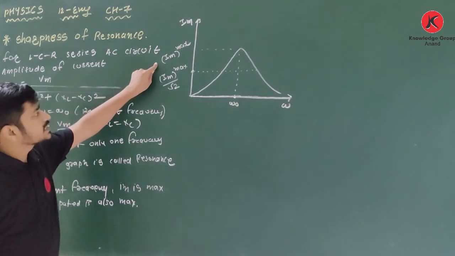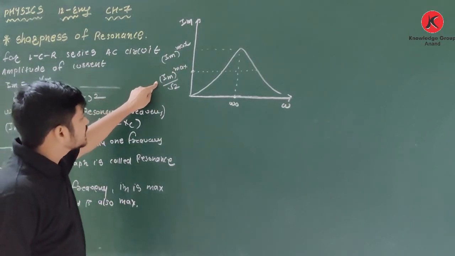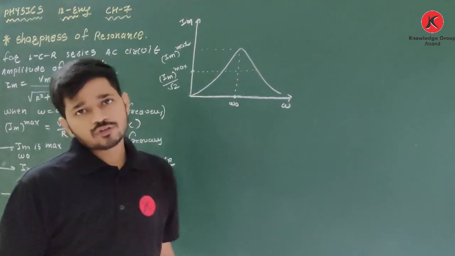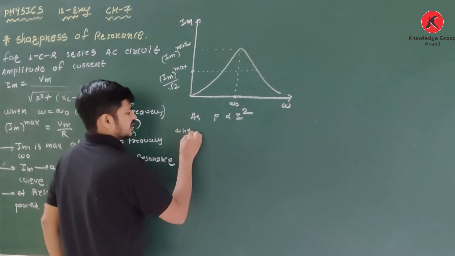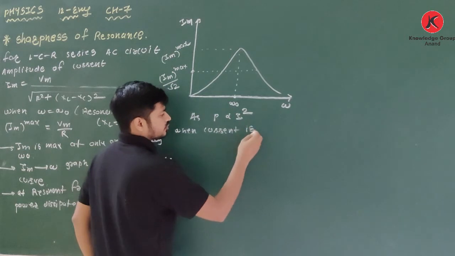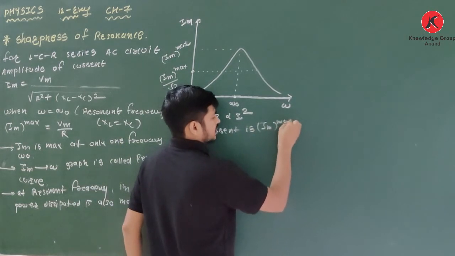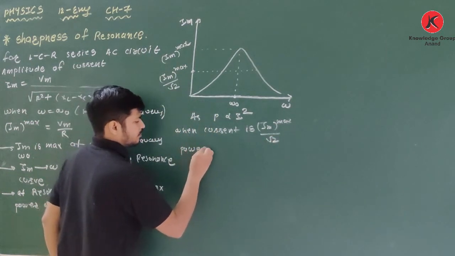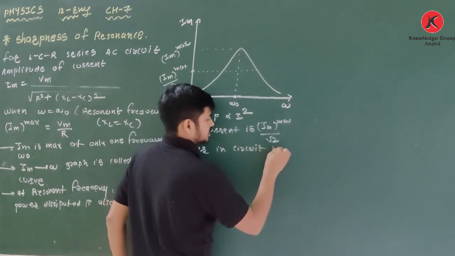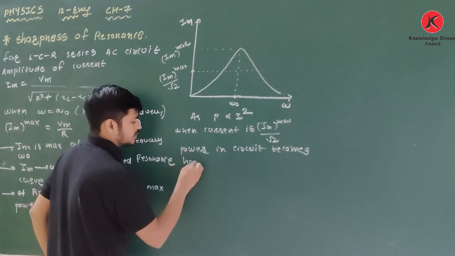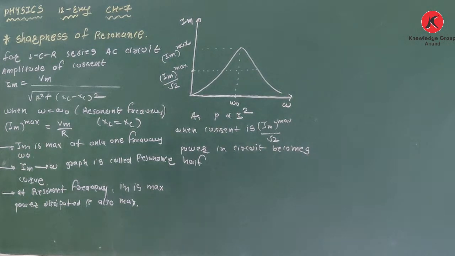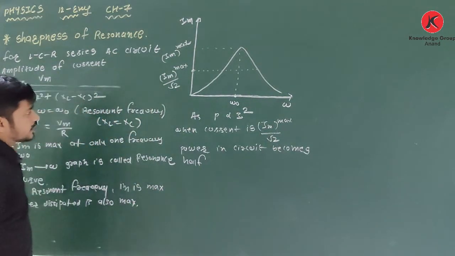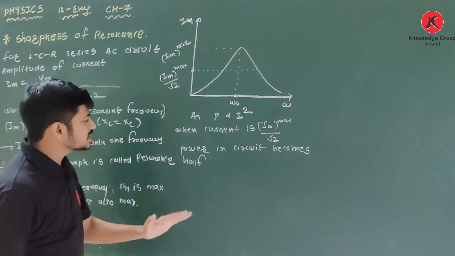If Im is maximum, then power is maximum, but when current is Im maximum upon root 2, power in the circuit becomes half. Any doubt about this? It is easy to understand, because P is proportional to I square.